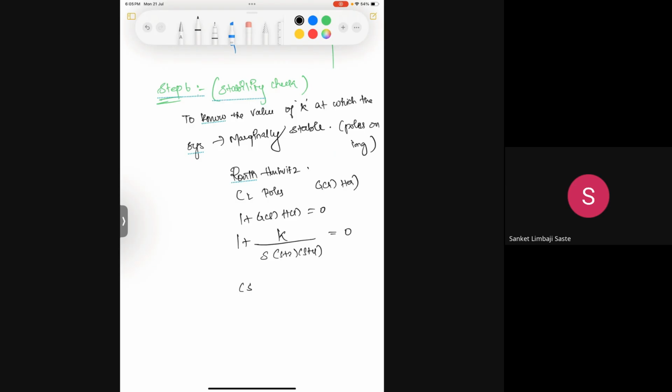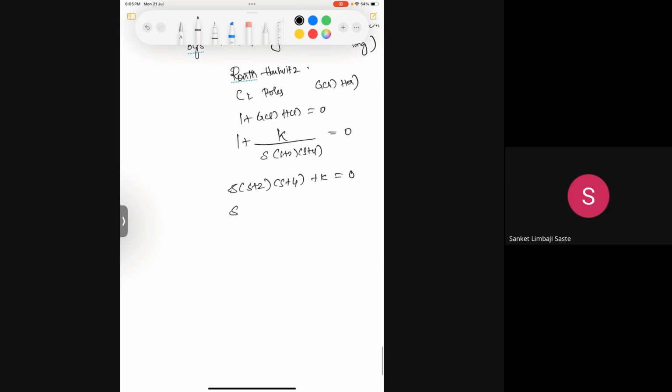This will give you s cubed plus 6s squared plus 8s plus K equal to 0. Perfect.